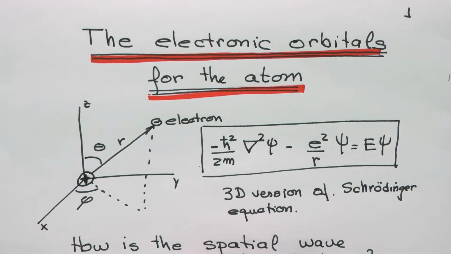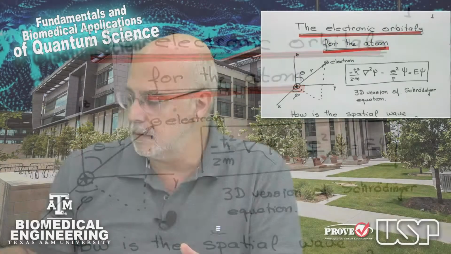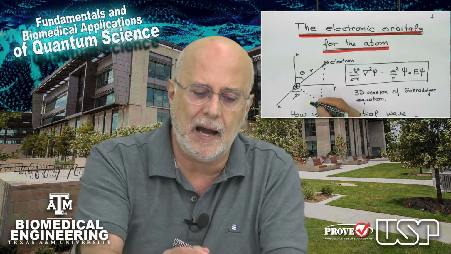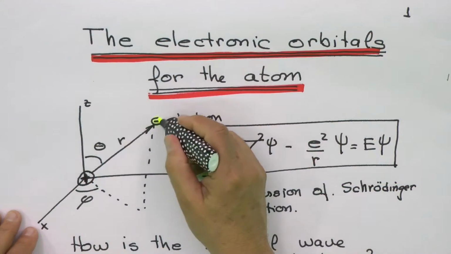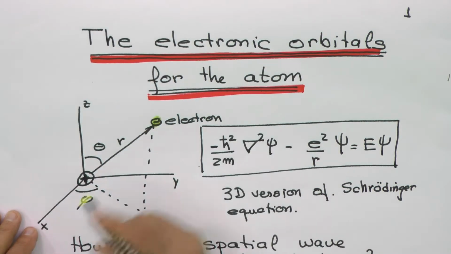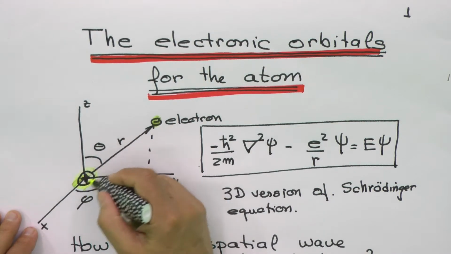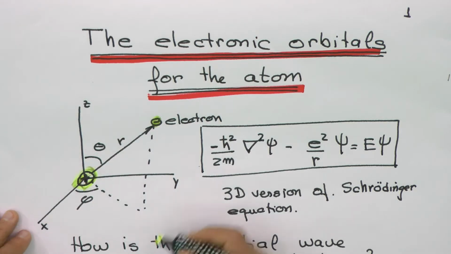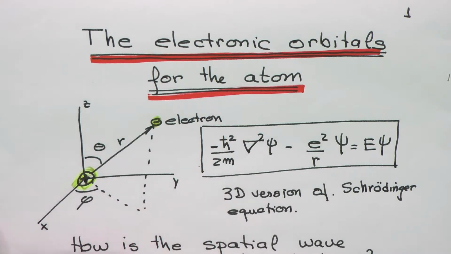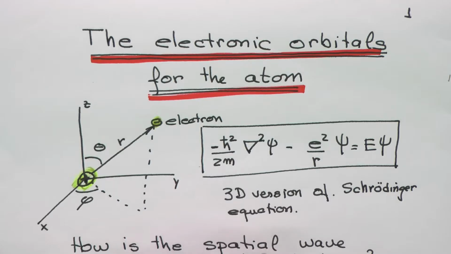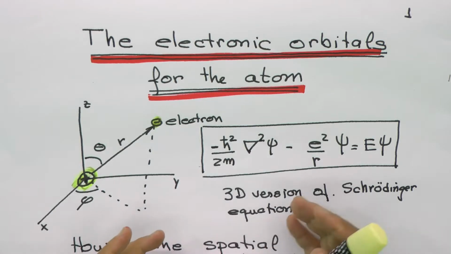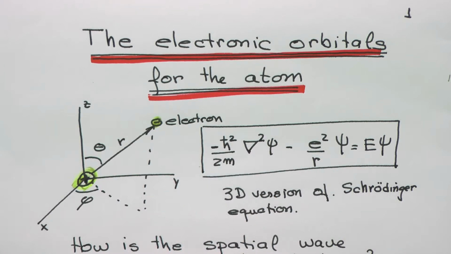And when we have an atom, we have to start by saying that the atom has an electron. So we have an electron, and we have the nucleus with positive charge, and this is 3D. So it's very hard to solve the atoms in 2D and then extrapolate to 3D.